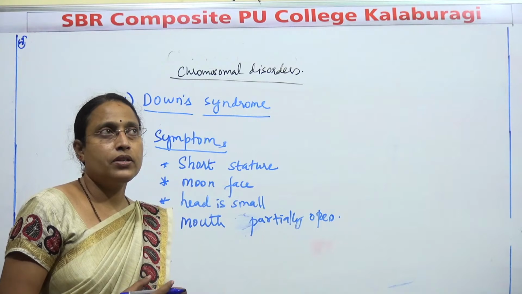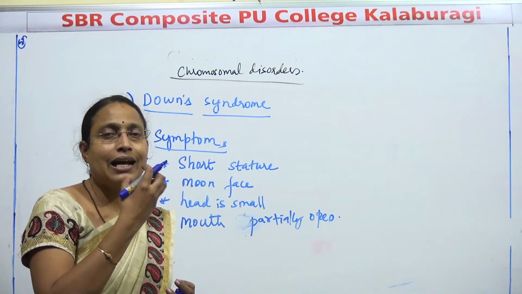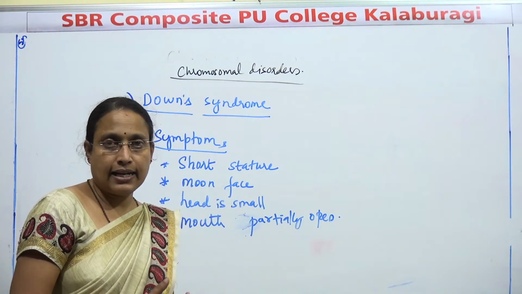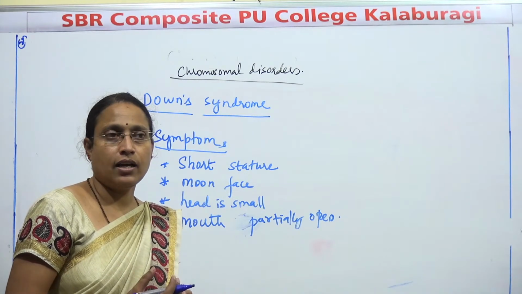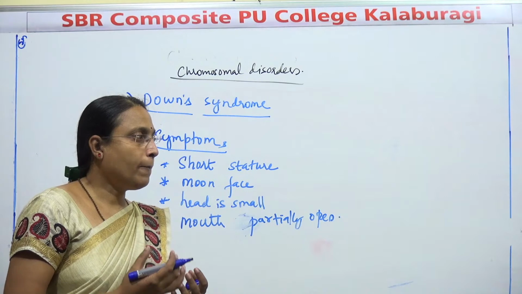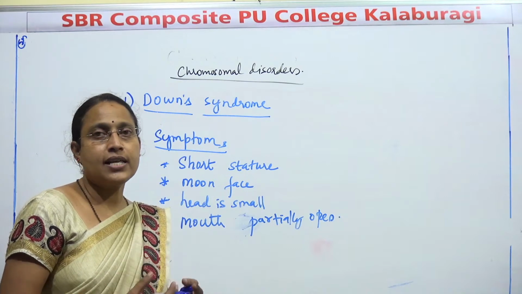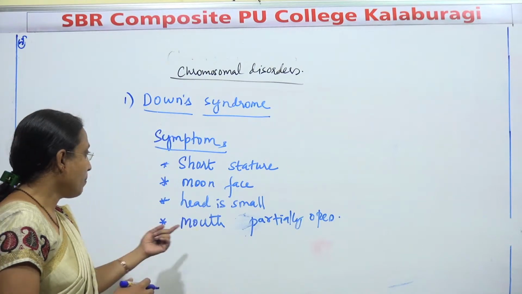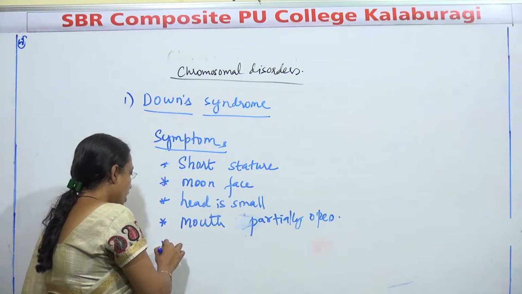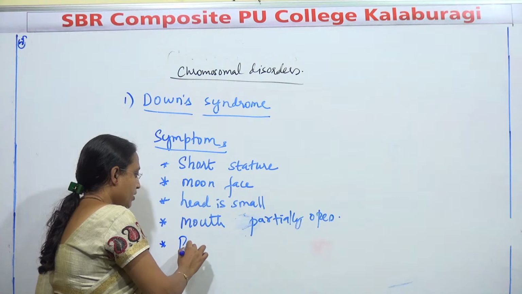From the partially open mouth, even the tongue will protrude slightly outside. So that is protrusion of the tongue. And always the mouth opens as if they have a tendency to breathe through the mouth. So, mouth partially open and protruding tongue.